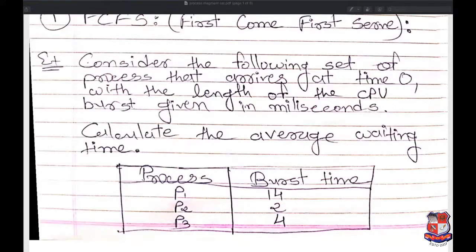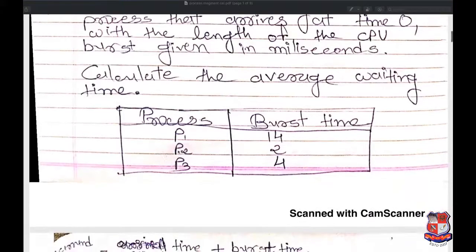In the question there are three processes, P1, P2 and P3, and as per the table each and every process has its own burst time. The burst time of P1 is 14, P2 is equal to 2 and P3 is 4.